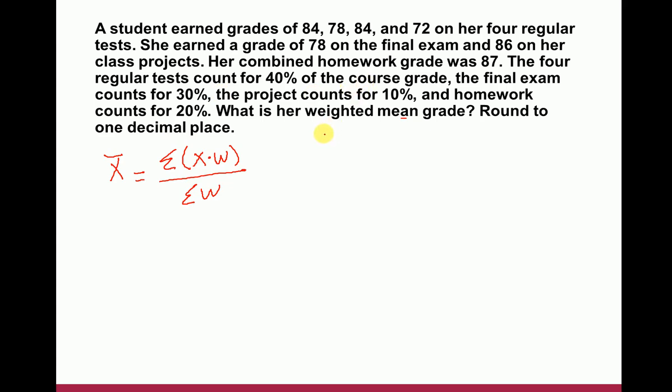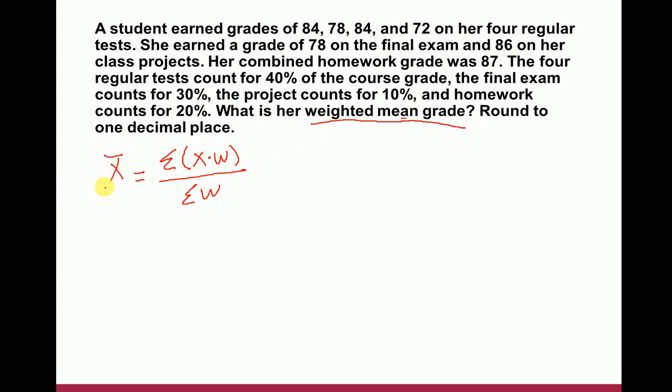So remember, they are asking you for the weighted mean rate. The key here is the rate, which is a number, not a percentage, right? A number. So we will have to find a weighted mean for the rate, which is all of these 84, 78, 84, 86, something like that.